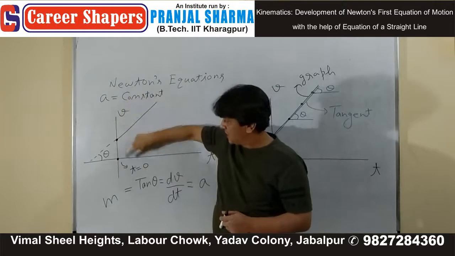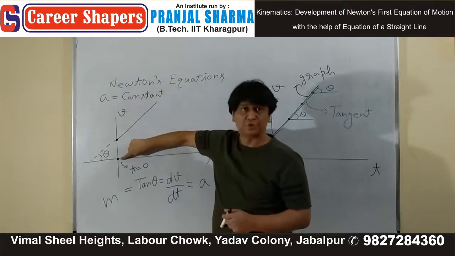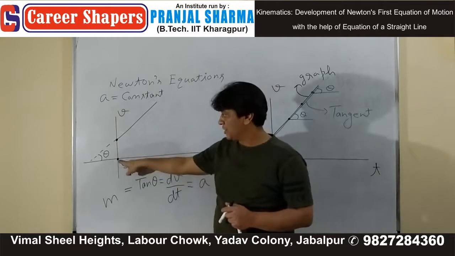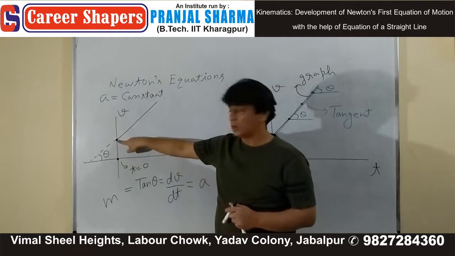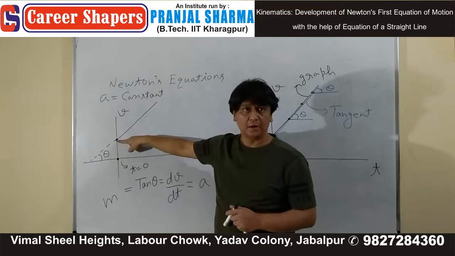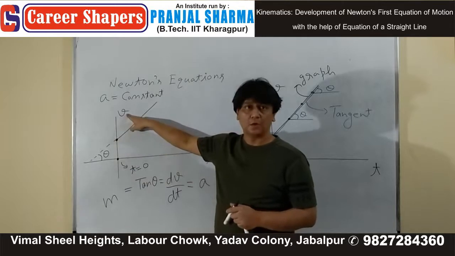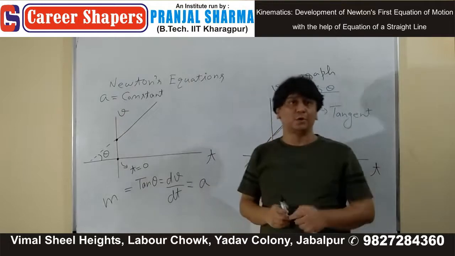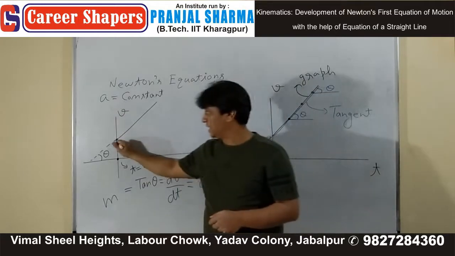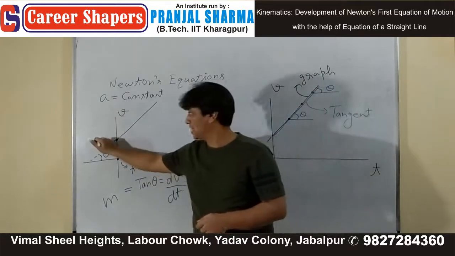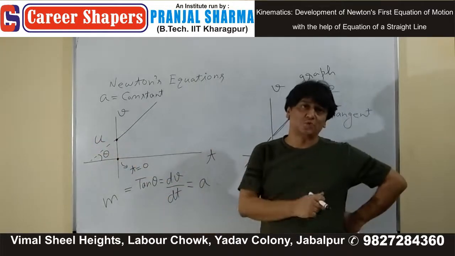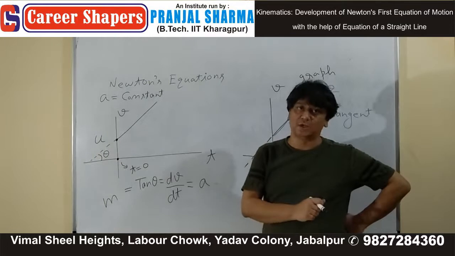V. At t equals to 0, which is the origin, whatever is written here will give you what? Velocity. But at t equals to 0, velocity has a special name. And what is that name? U. U means what? Initial velocity.